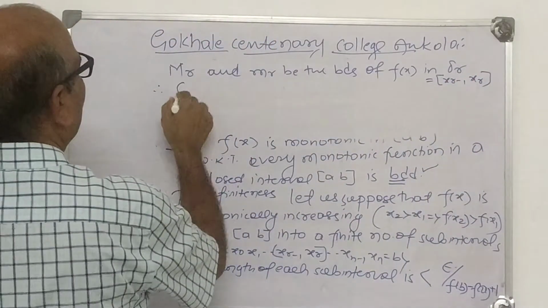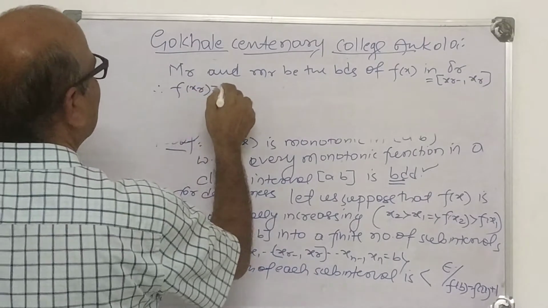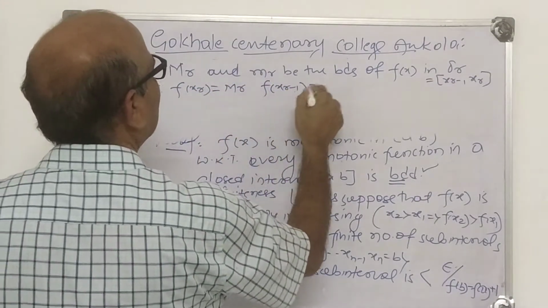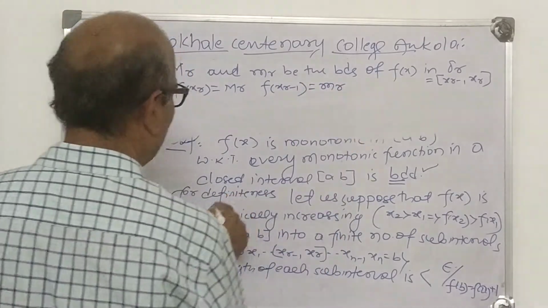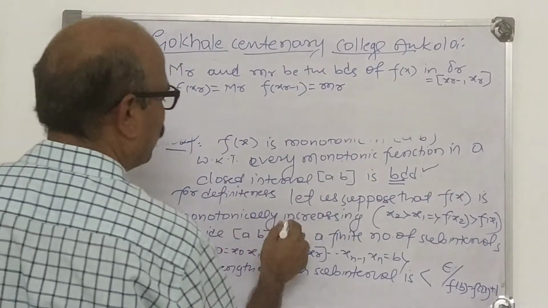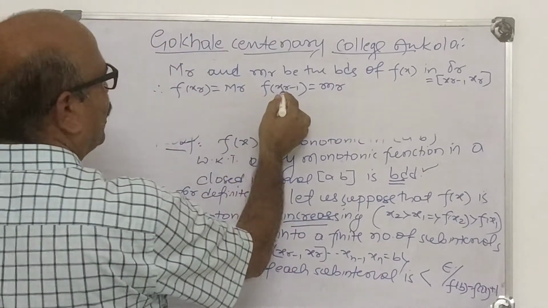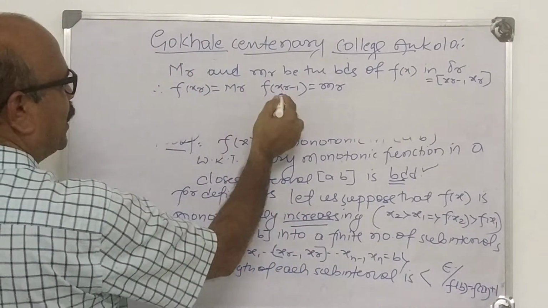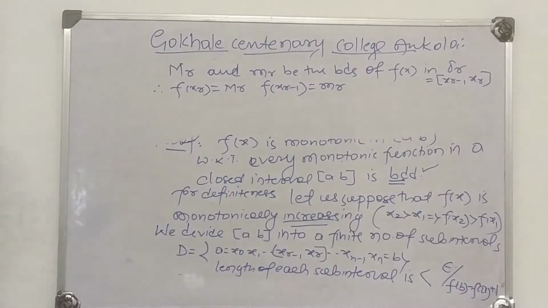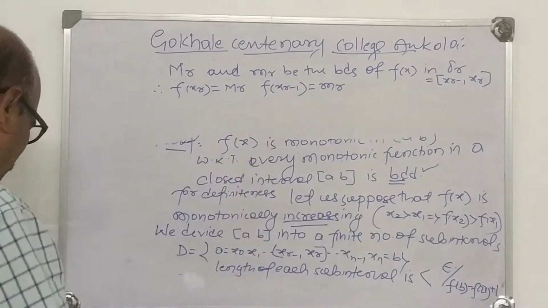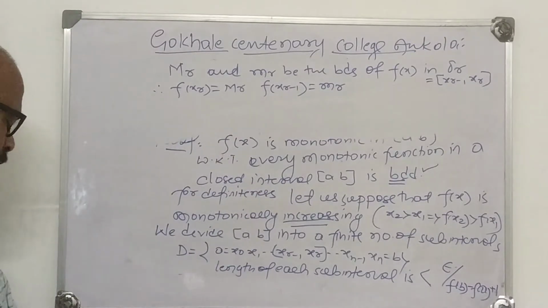Therefore, capital Mr is f of xr and small mr is f of x(r-1), because we have assumed that it is monotonically increasing: xr greater than x(r-1) implies f of xr is greater than f of x(r-1).